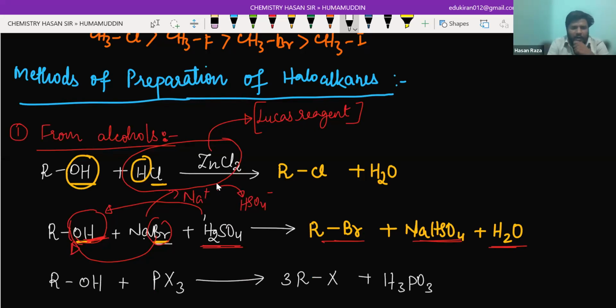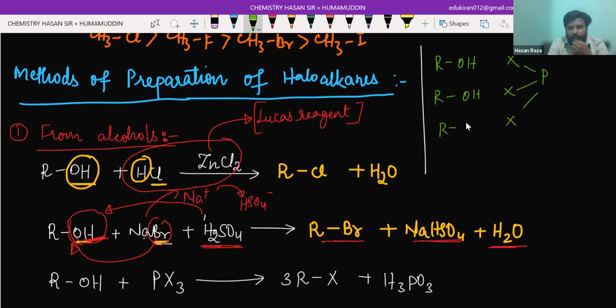How I wrote this reaction: you can see here that there is P and there is X. This is your PX3, and there are 3 moles of ROH as well. So you know what will happen?